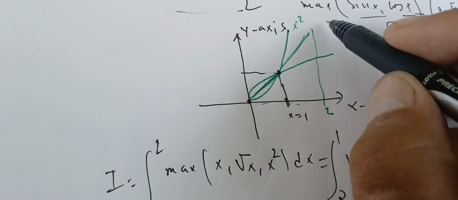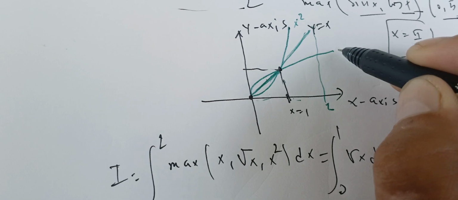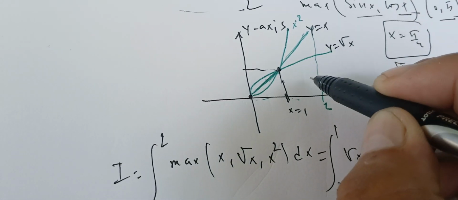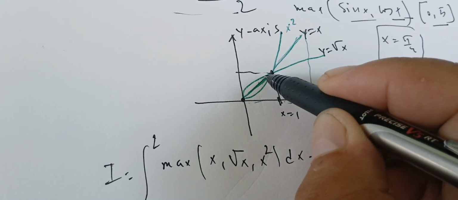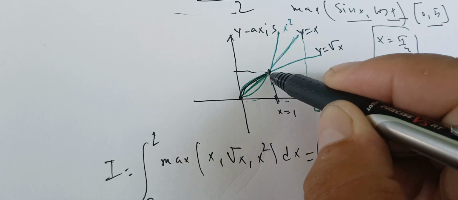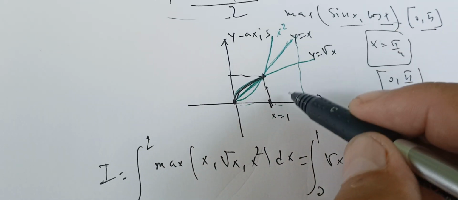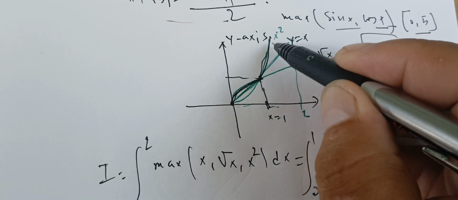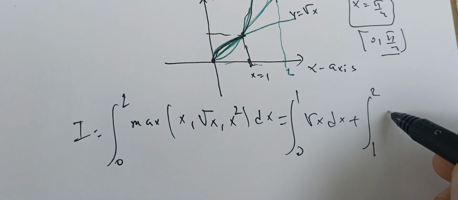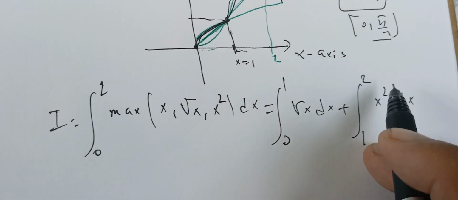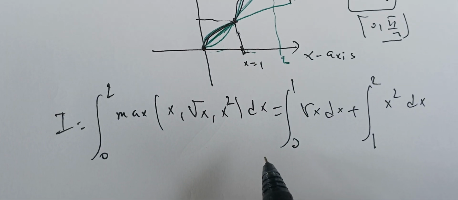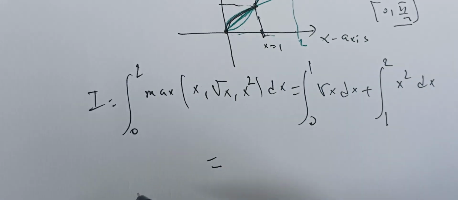So let me write this one. This is y equals x. This is y equals square root of x. So here between 0 and 1, this is the square root of x. Between 1 and 2, this is x squared, which is winning here. And now I know how to evaluate these values.